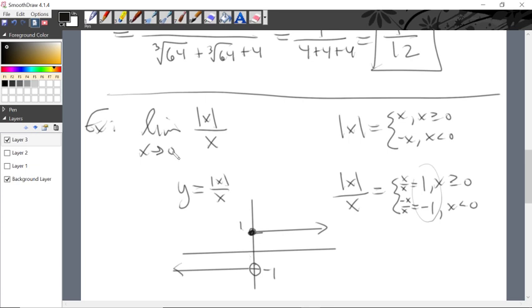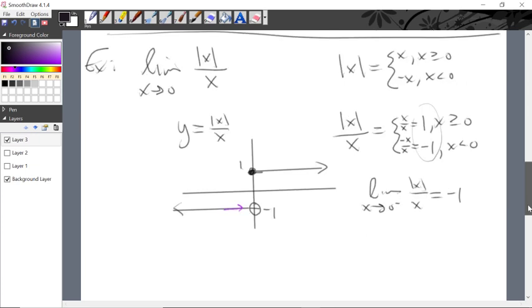So what's the limit? Well, we have the limit as x approaches 0 from the left of the absolute value of x over x. That's as we are moving along the graph like this. What y value are we approaching if we're approaching from the left? Okay, we're approaching the y value of negative 1.